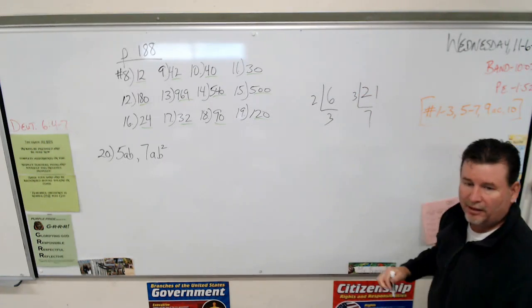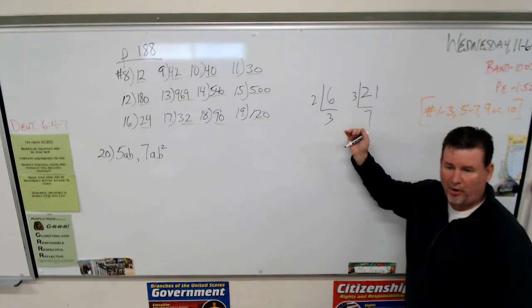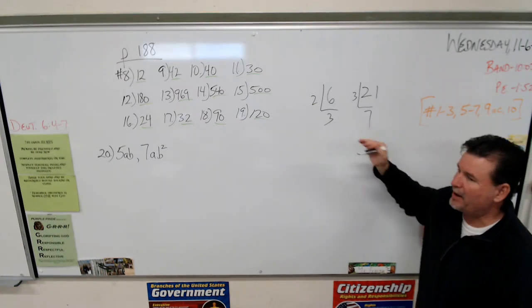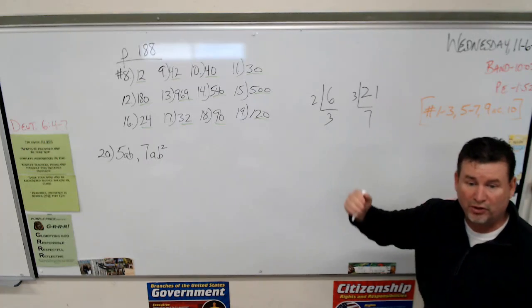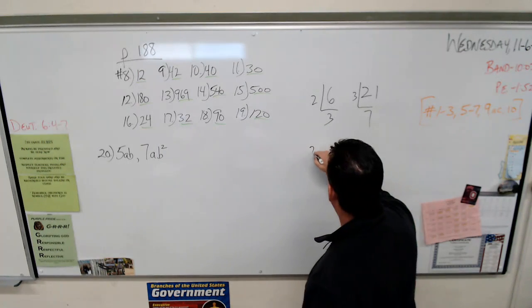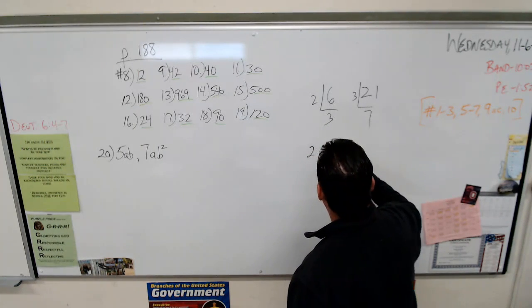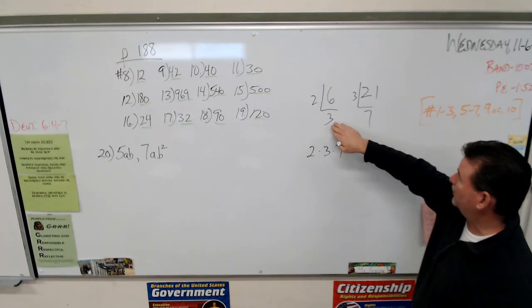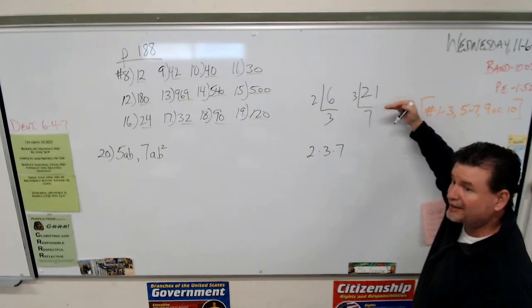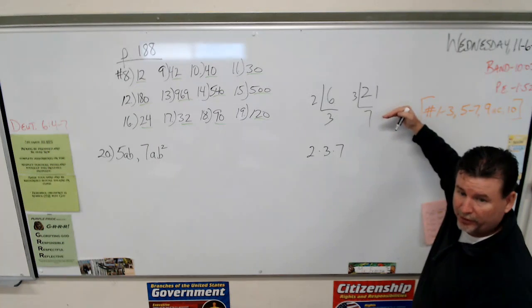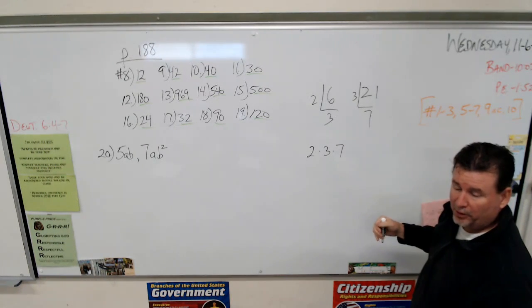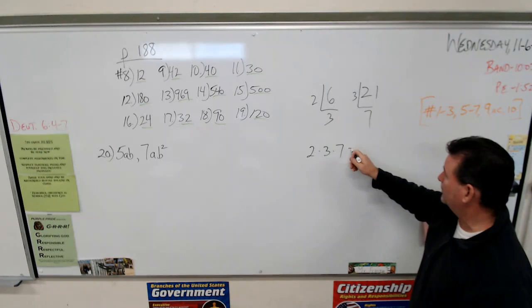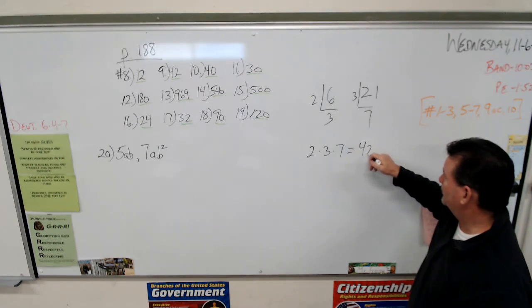When you're finding least common multiple, Kiara, it doesn't even matter if they're in common. You use every prime factor and you multiply them together, and if there's a 3 in this and a 3 in this, but let's say over here there was a 3 squared, well, then you would have used a 3 squared. But you use every prime factor and multiply them together.